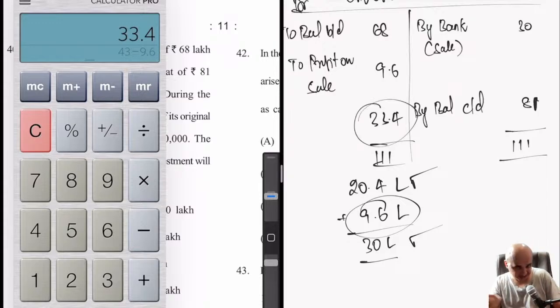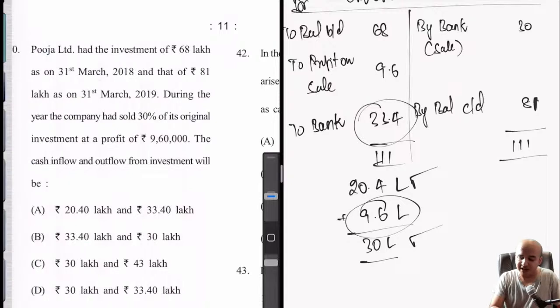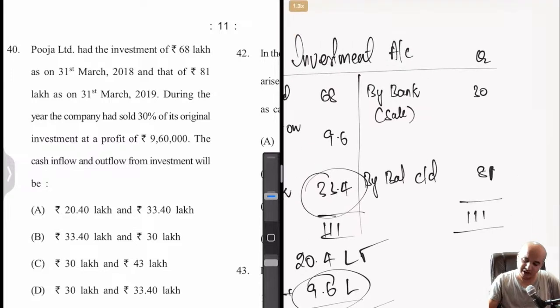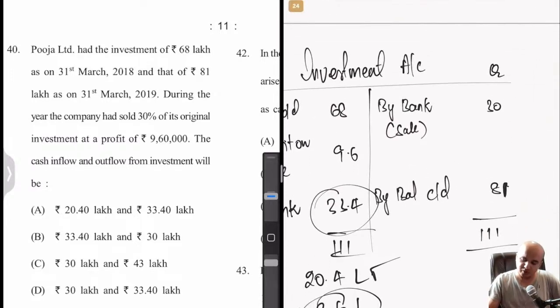So what is this? This is the balancing figure. That means the company has purchased fresh investments to the tune of 33.4 lakhs. That means cash outflow is 33.4. Okay. So now cash inflow is how much? The amount which we have sold. The amount which we have sold is 30.